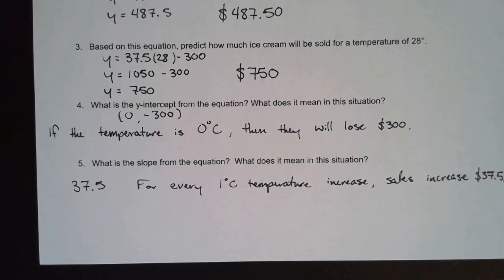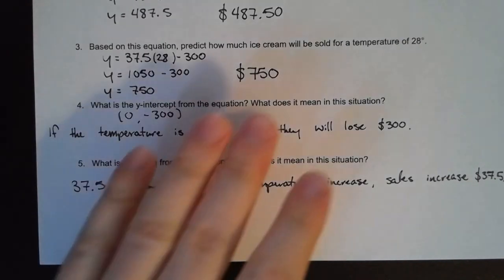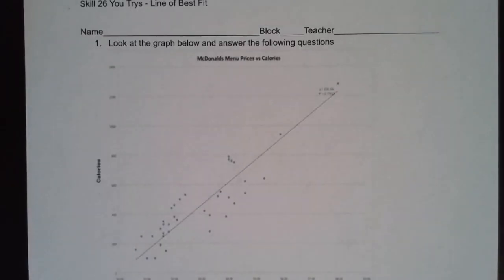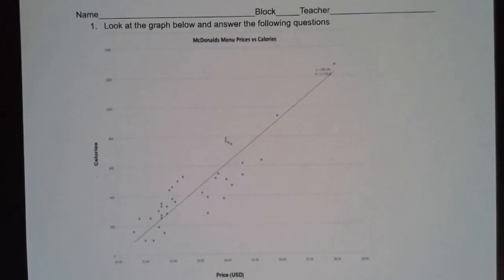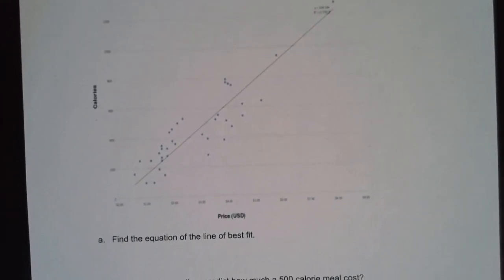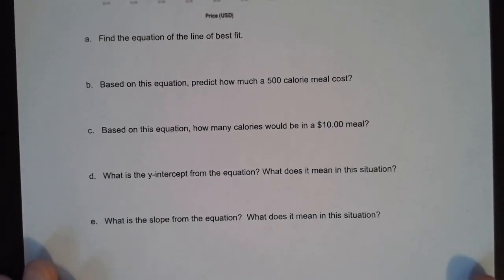All right, so let's go ahead and take a look at the first U try here. So here we have this graph below and answer the following questions. This is McDonald's menu prices versus calories. Okay, and we want to answer all of these questions about it.